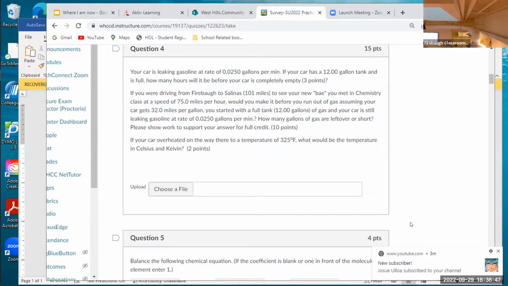So with 12 gallons, you need 2.2 gallons to get to an hour and 35 minutes, right? What was that? Gallons over miles, right? So if we start again with our 101 miles, and then you said gallons over miles, what is it, 32 gallons?